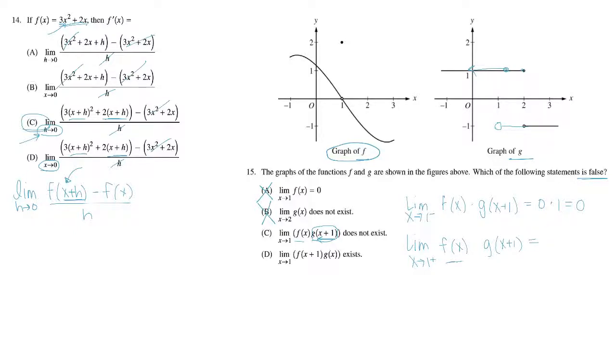Our limit as x approaches 1 from the right of f of x, well, that one is 0 times, and then from the right, we do have -1, but that will, again, turn back around to 0. So the limit from the left and from the right, they do equal each other. Therefore, that limit does exist. Therefore, my answer choice is C.